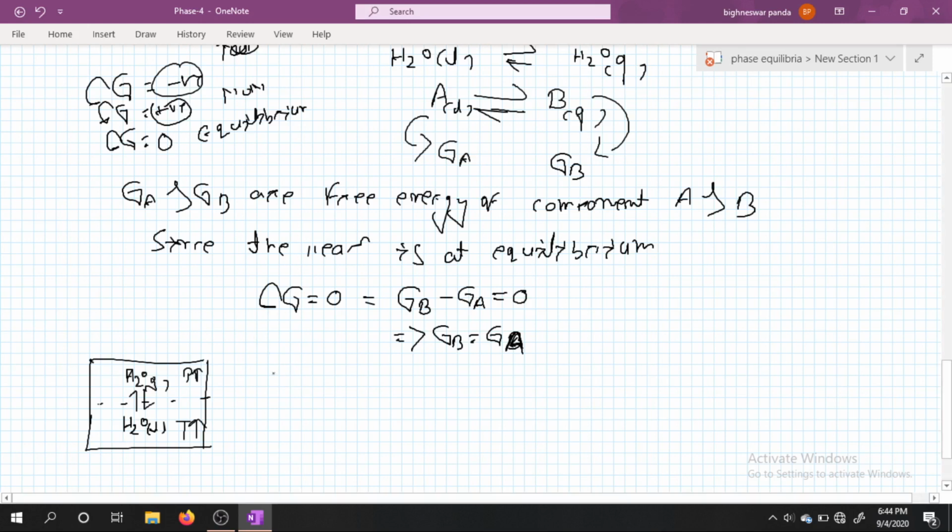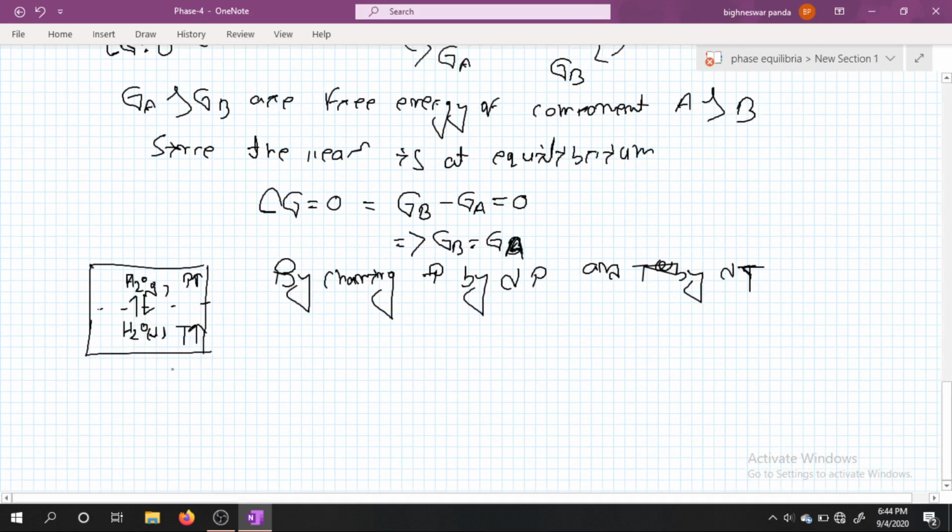So I have to consider changing pressure by a small amount dP and temperature by dT.